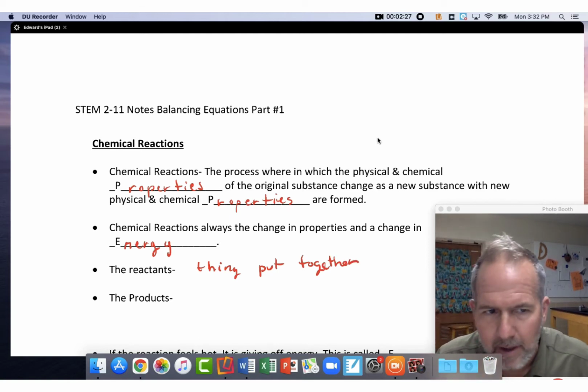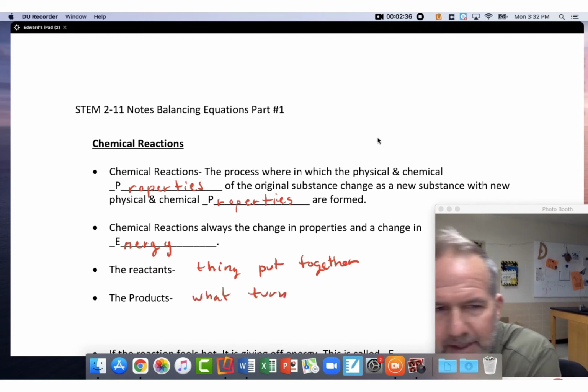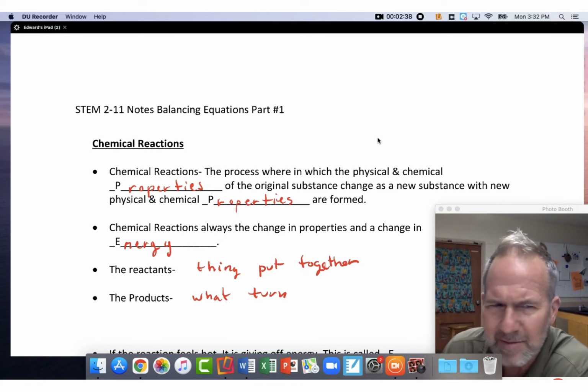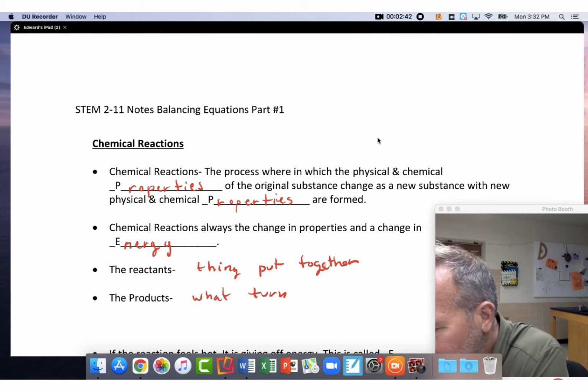And then the products are what they turn into. Now, I know that that's not a very official definition, but we don't need an official definition. We just want to know what they are, right?